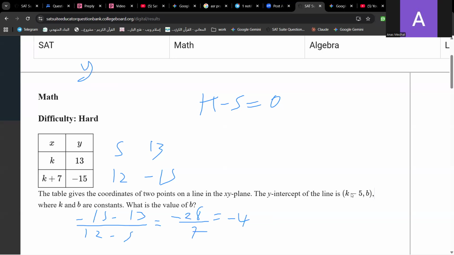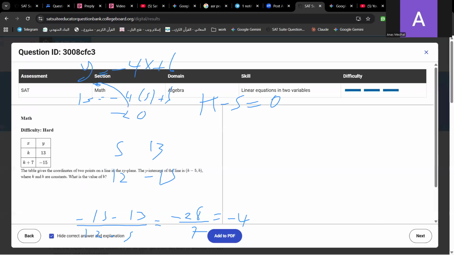So the slope is minus 4x plus b, the y-intercept. Now we have to substitute one of the points and get the y-intercept. Minus 4 times 5 plus b equals 13, so minus 20. Shift it to the other side. 20 plus 13 is 33. So b is 33.